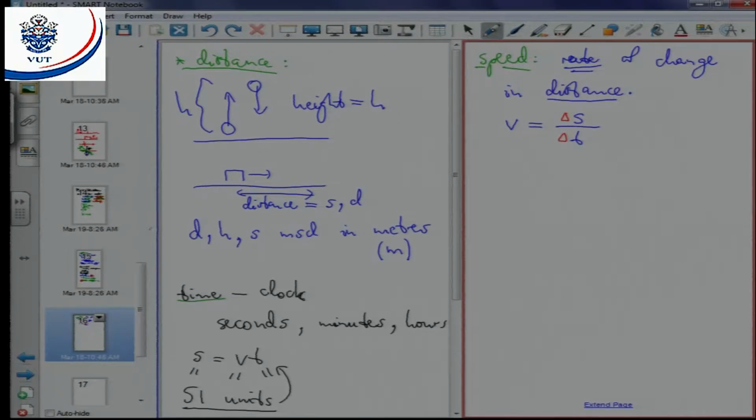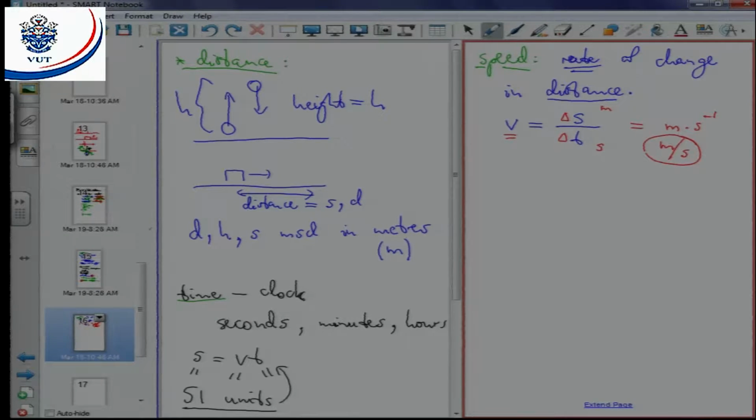And the units for distance, if I can just remind you, was meters. The unit for time was second. So meters over second is just meters per second. Okay, so sometimes we use meters per second like that because that's just easy when you are typing. But both are the same thing. So that's our speed v.